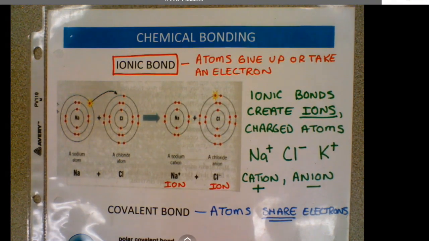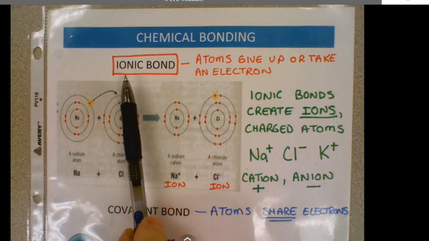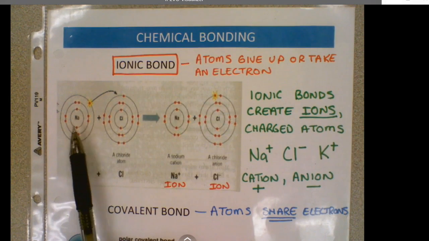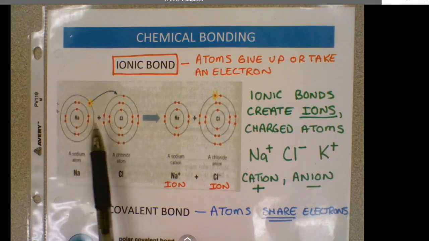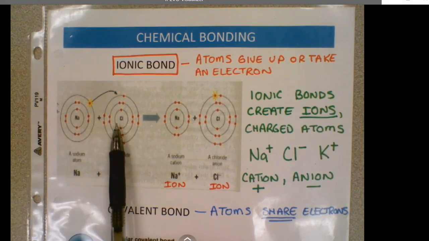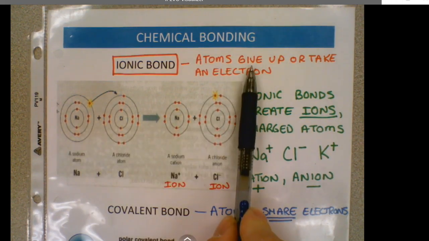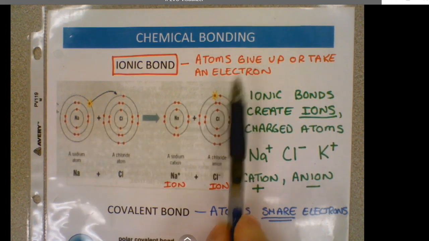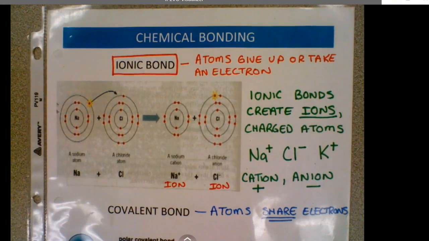Well, to make an ionic bond, what we need are two atoms that are going to bond together. But when this bond occurs, we're going to give up or take an electron from one atom and give it or get rid of it from another.